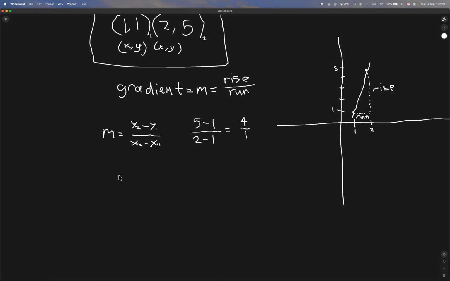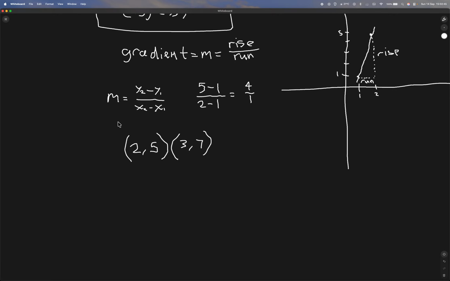Let's go down here. What about the gradient of the line 2, 5, and 3, 7? Now, remember our formula, m is equal to y2 minus y1 on x2 minus x1.